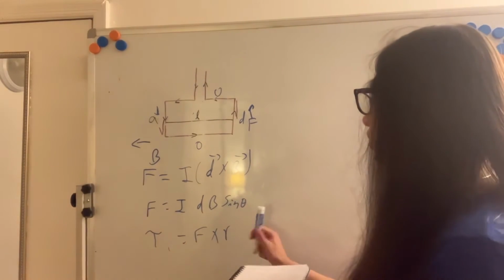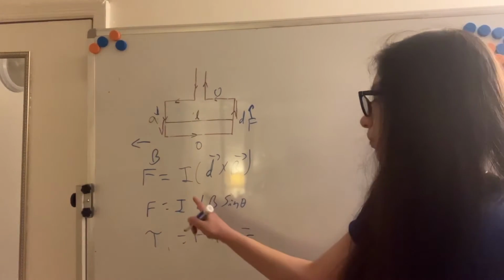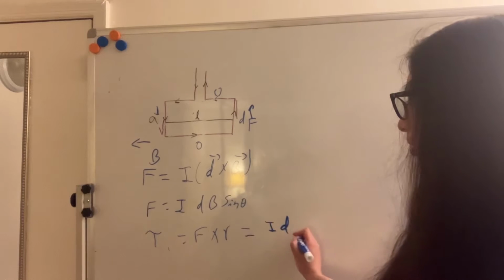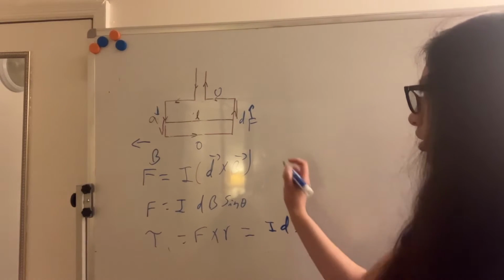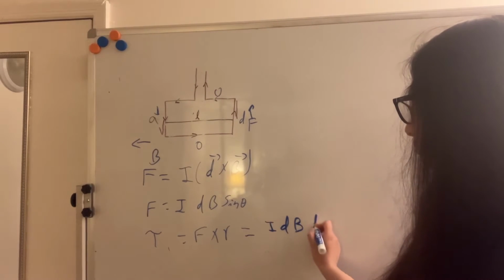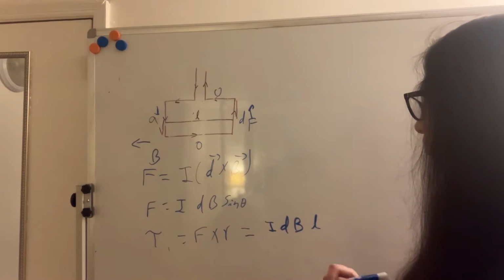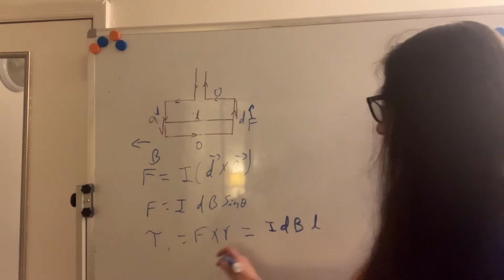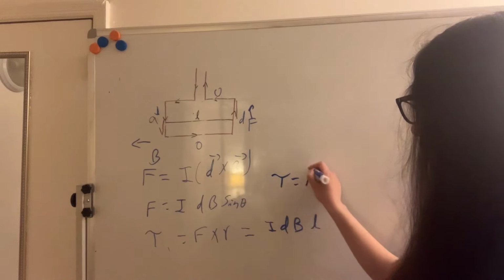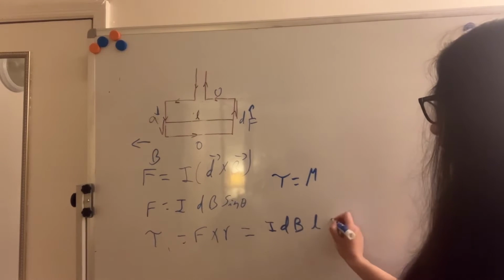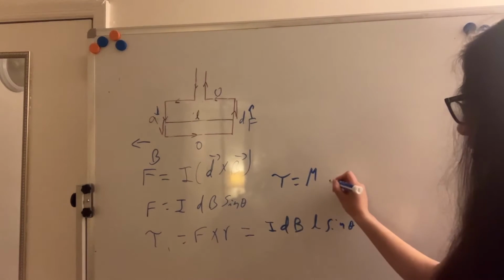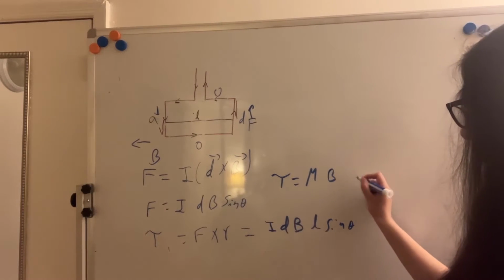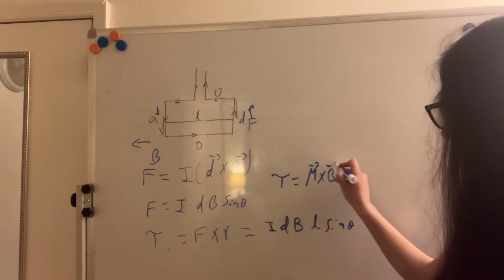So the total torque is the force, that is I, D, B, then L. And here there is no more dividing by 2. D times L is A, and so the torque is equal to the magnetic dipole moment, times the magnetic field times the sine of theta, so it is the cross product.